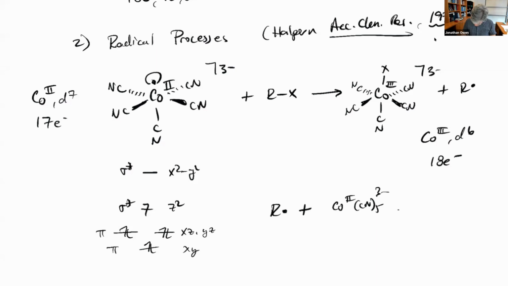So these 2 guys get together, and now you have a new cobalt 3 product with the metal-R bond. So reaction with cobalt 2 is faster than 2 R dots reacting with each other because the R dot is very short-lived, and therefore you're never going to build them up in concentration enough.